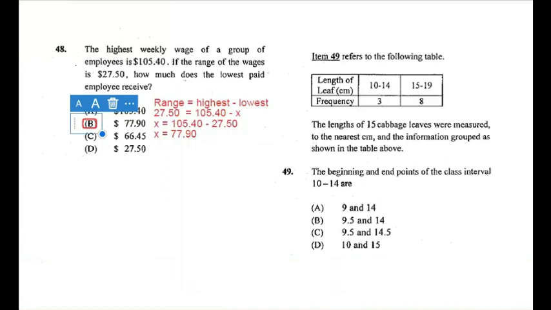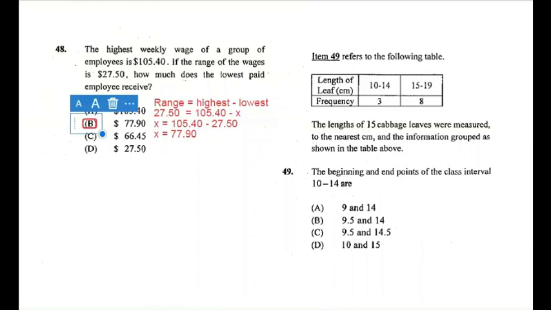So 49. The lengths of 15 cabbage leaves were measured to the nearest centimeter, and the information grouped as shown in the table above. The beginning and end points of the class interval 10 to 14 are? First, we need to know that class boundaries are the end points of an open interval, which would be the beginning and end points that the question is asking for.